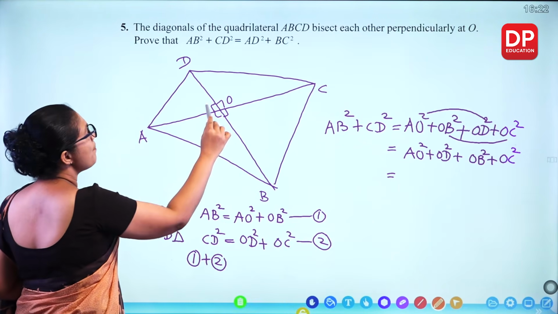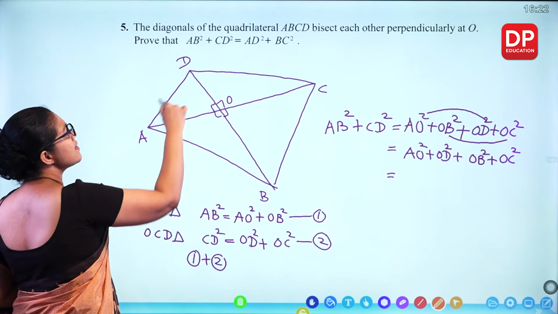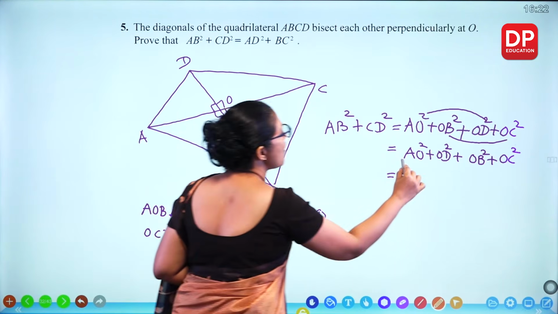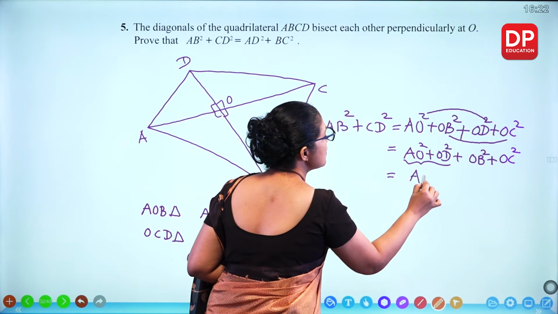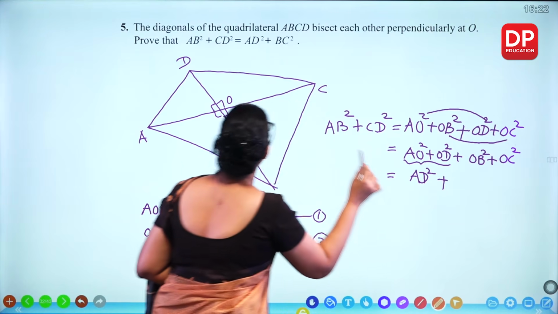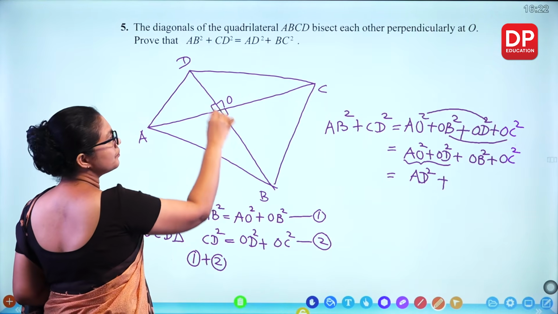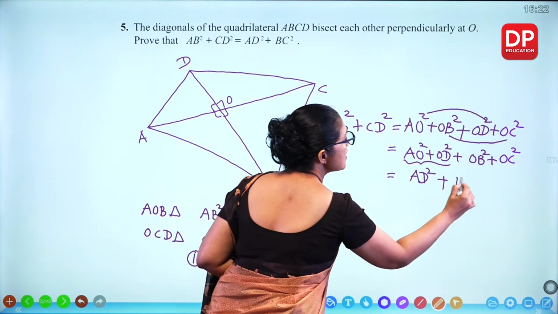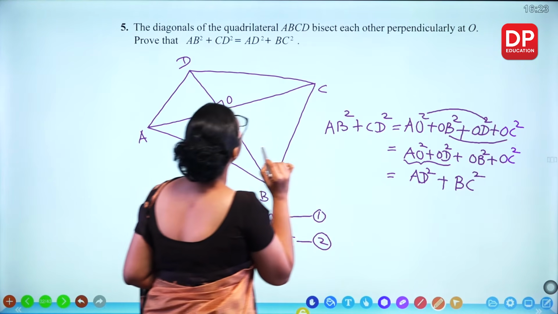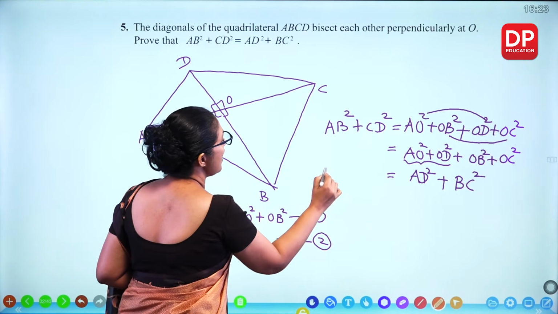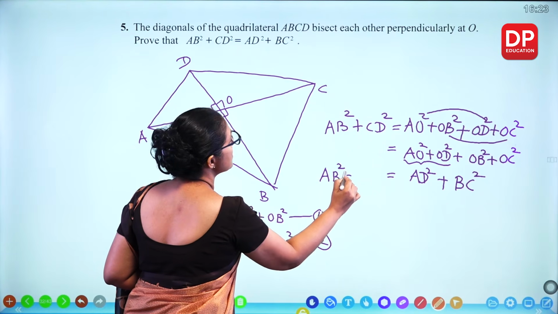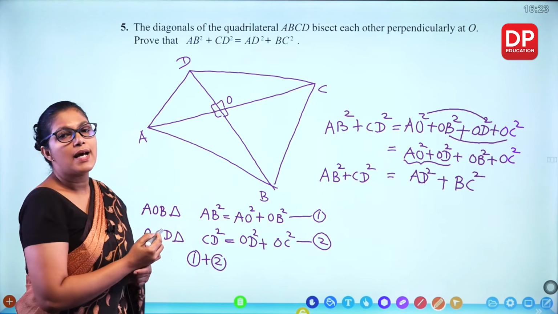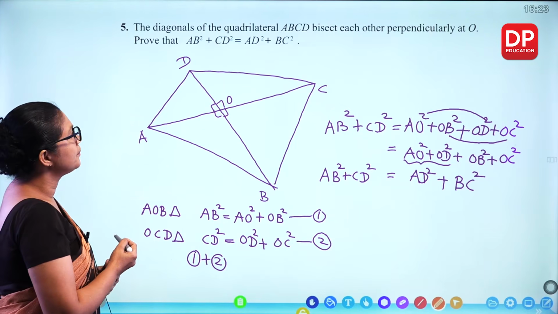AO squared plus OD squared. Now it's the right angle triangle here. I can write instead of this one as AD squared. What's OB squared and OC squared? I can write this one as BC squared. So that's what we need. AB squared plus CD squared is equal to AD squared plus BC squared.